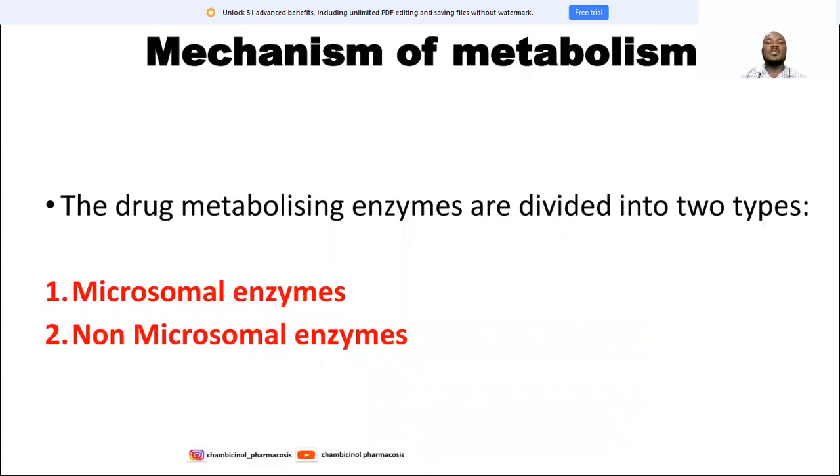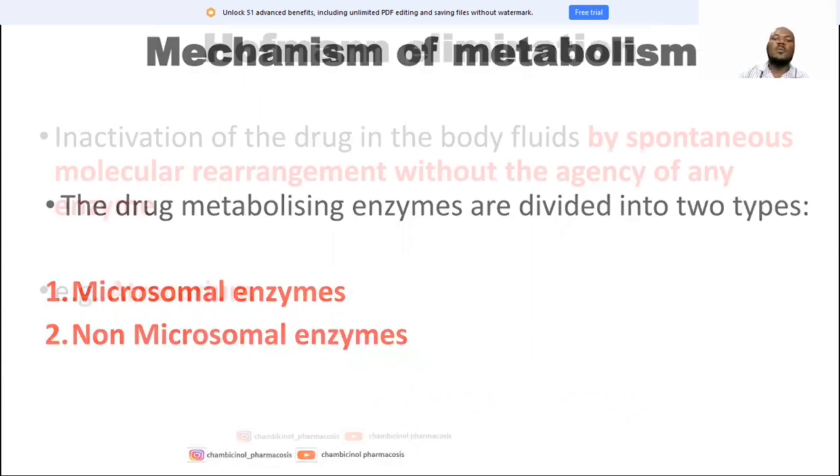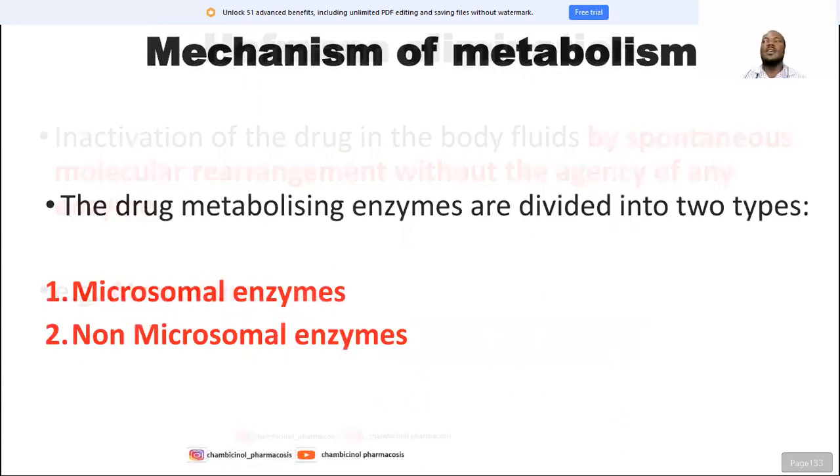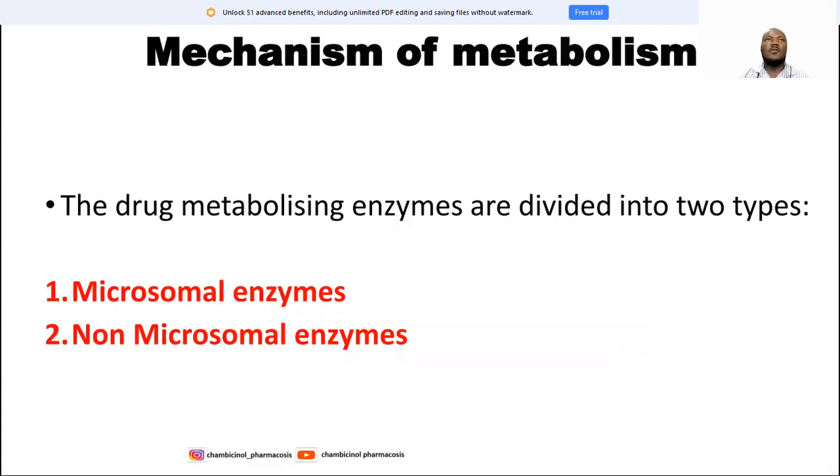So far, we have seen the microsomal enzymes and non-microsomal enzymes. As we have seen, the process of biotransformation involves the chemical alteration of the drug from lipophilic into hydrophilic, and in most cases almost each reaction involves the utilization of an enzyme, whether a microsomal or a non-microsomal enzyme.